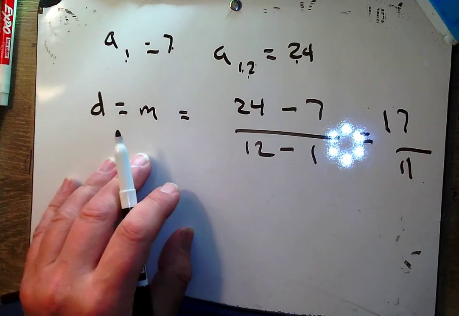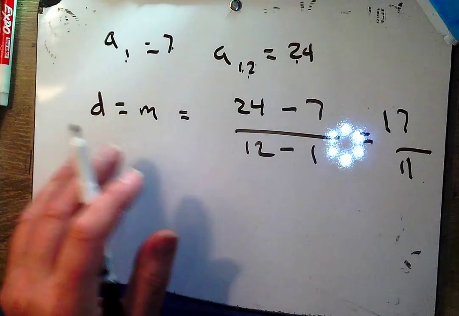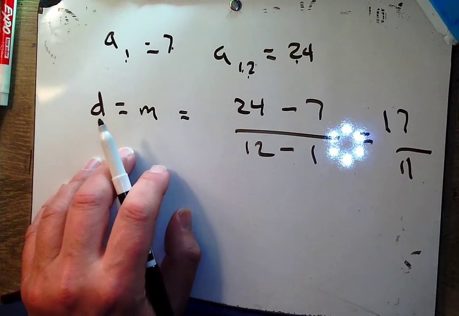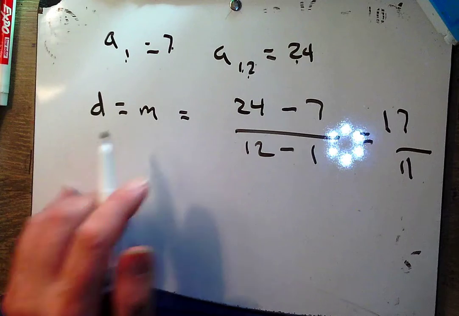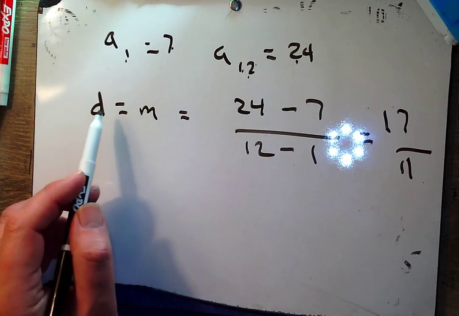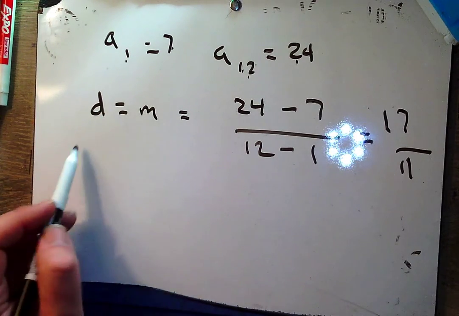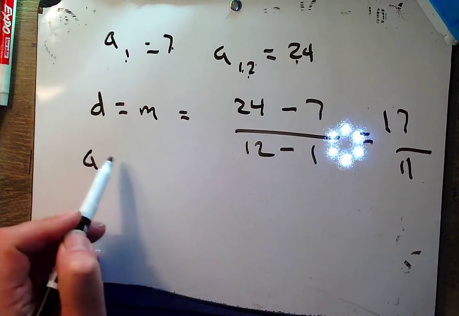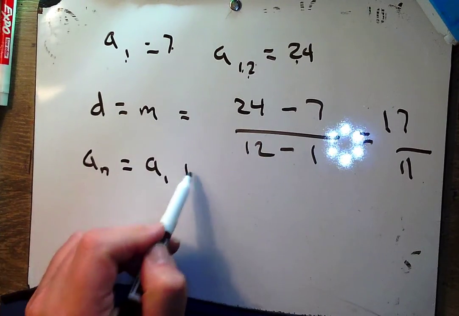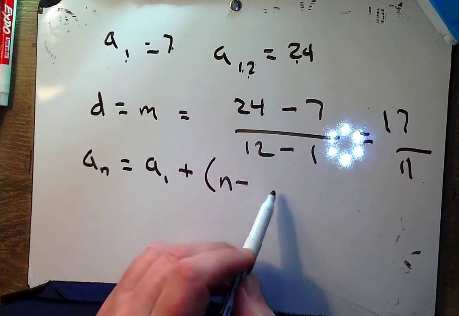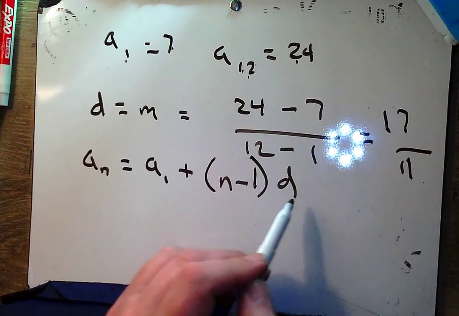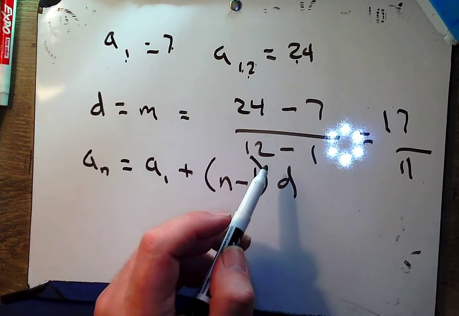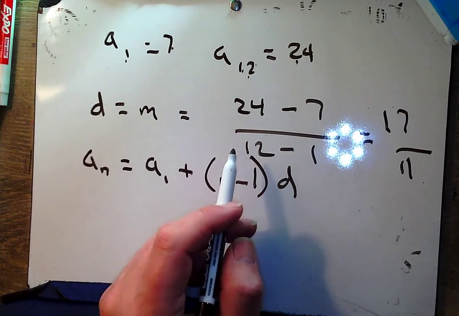And I only see one choice with 17 over 11, so I'm kind of not interested in going any further. But let's just confirm. So we know that formula is a sub n equals a sub 1 plus n minus 1 times d. I believe that's our arithmetic formula.